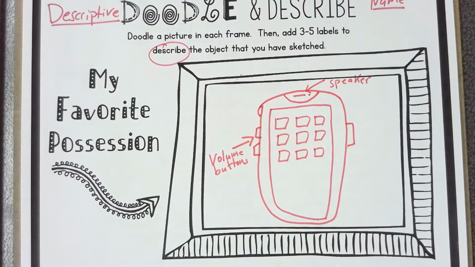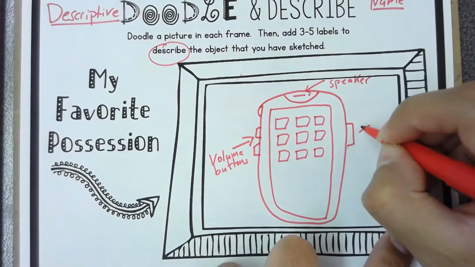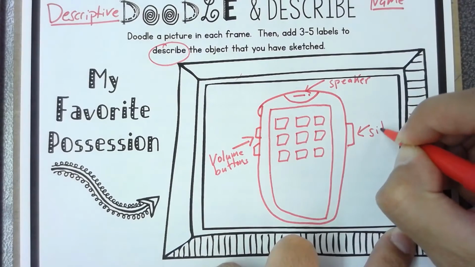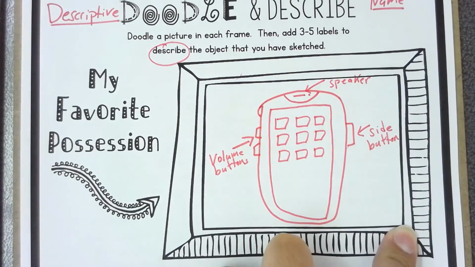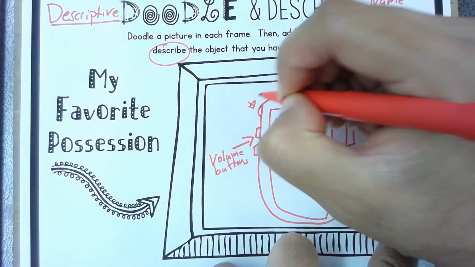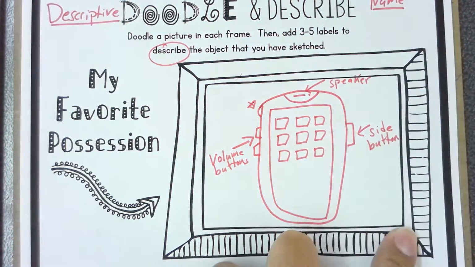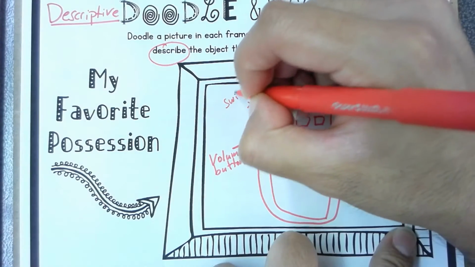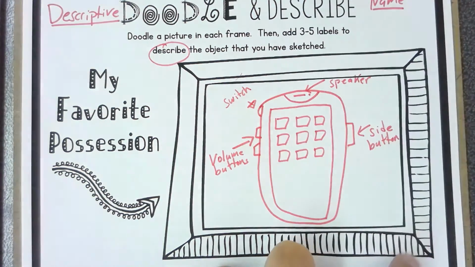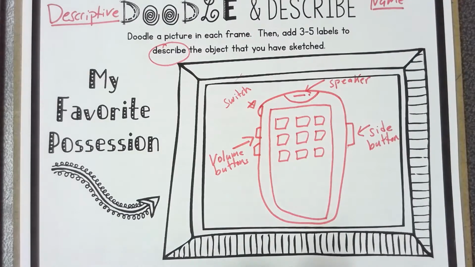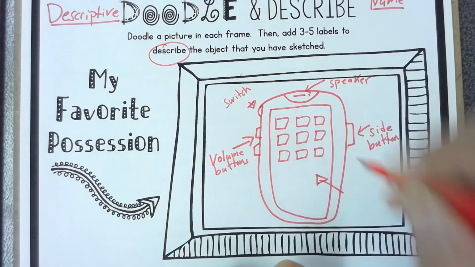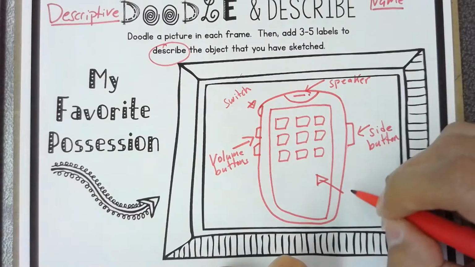Then I would have my side button. Then I have my little switch to switch it from silent to ring. Then I have my touch display.